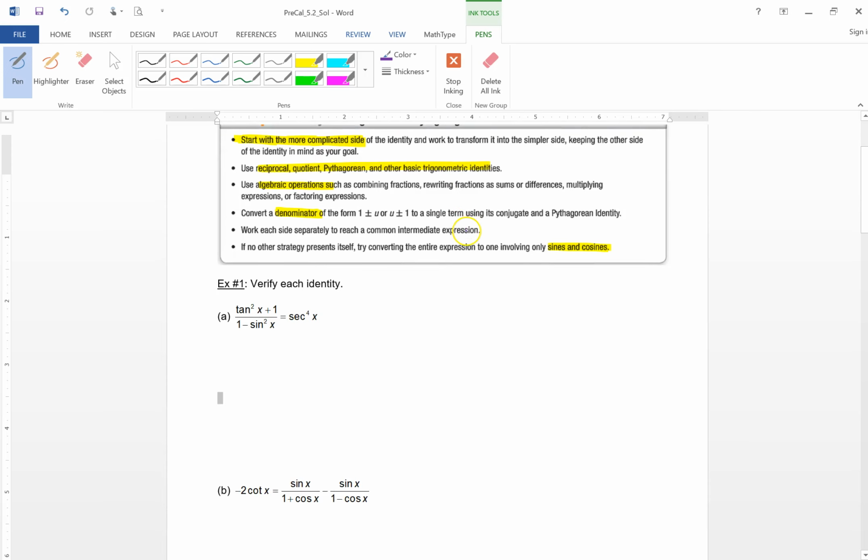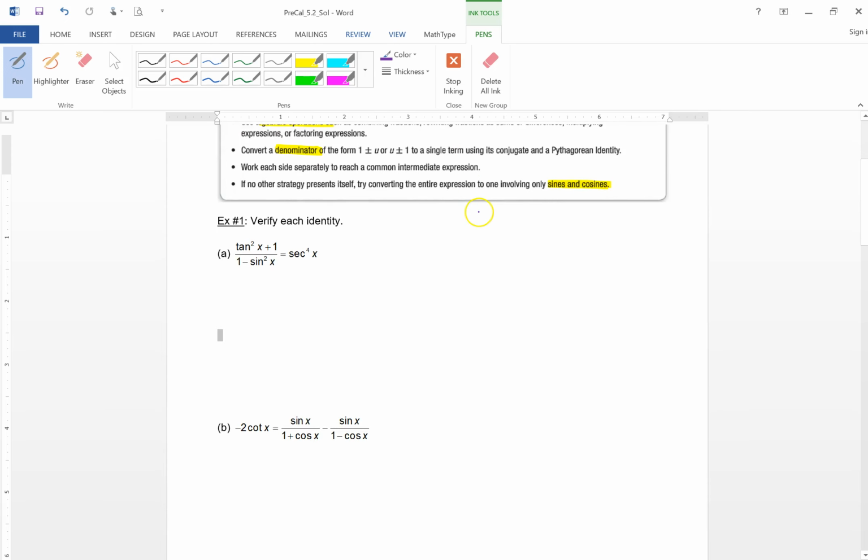Here, clearly, the more complicated side is this on the left. What I do is I draw a vertical line right underneath the equal sign. Now I'm going to work with the left side only. I'm going to try to simplify this and hopefully make it look like secant to the 4x.